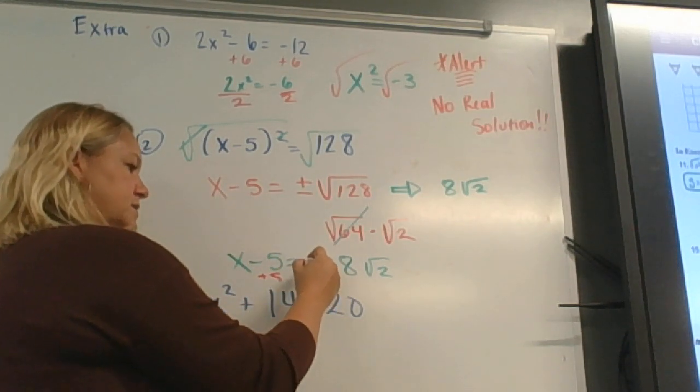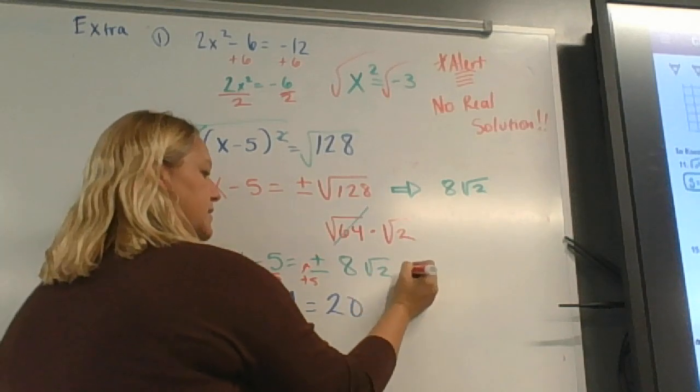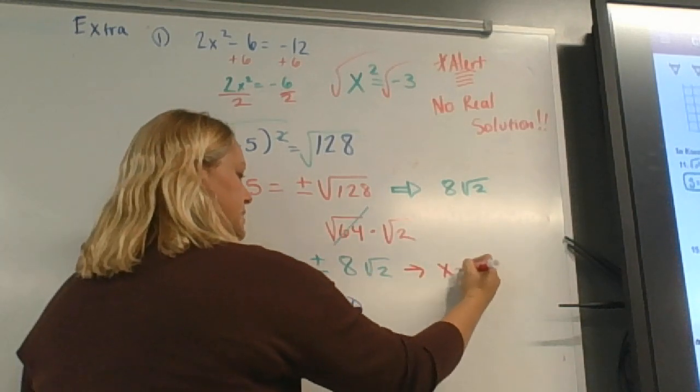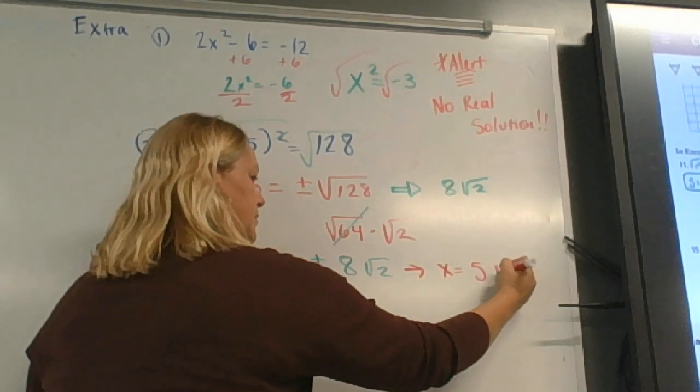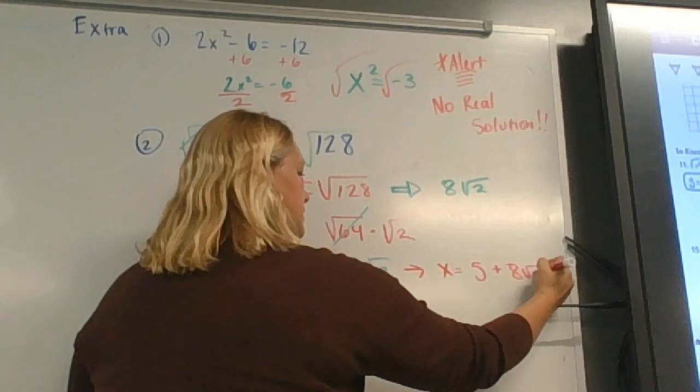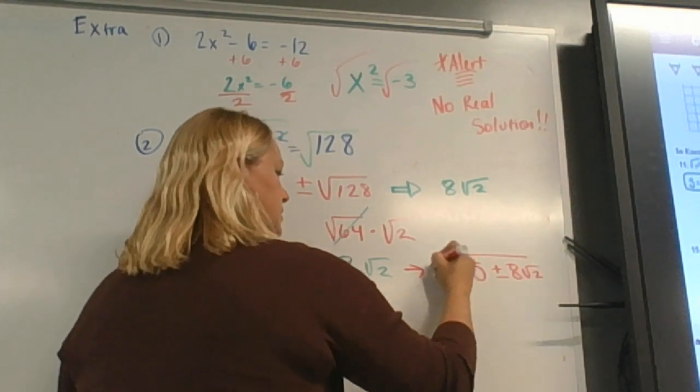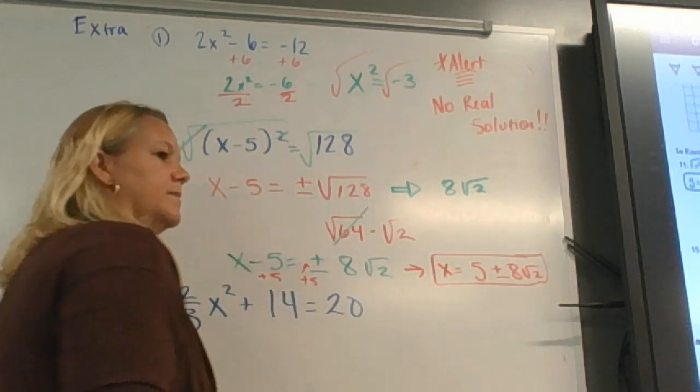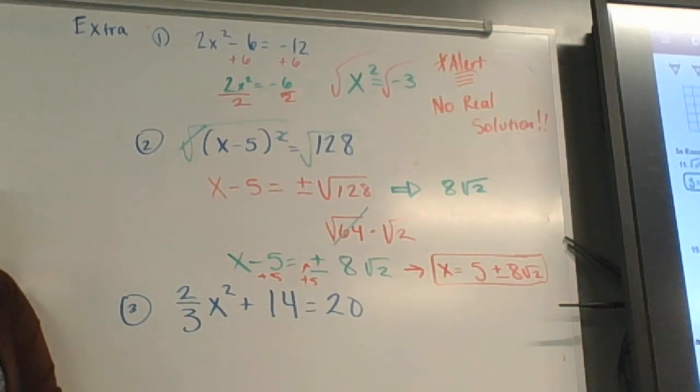The plus 5 ends up right in front of the plus or minus sign. My answer is 5 plus 8 square root 2 or 5 minus 8 square root 2. I can't really do 5 plus 8 because that's not technically an 8. It's 8 times the square root of 2, which is like 8 times 1.4 or something. So it's not an 8 there at all.